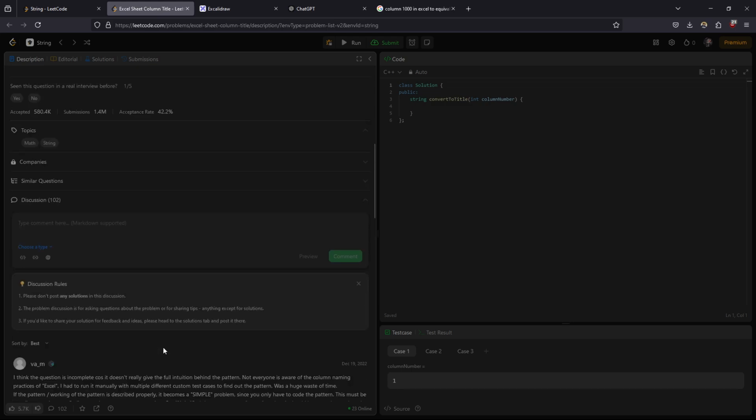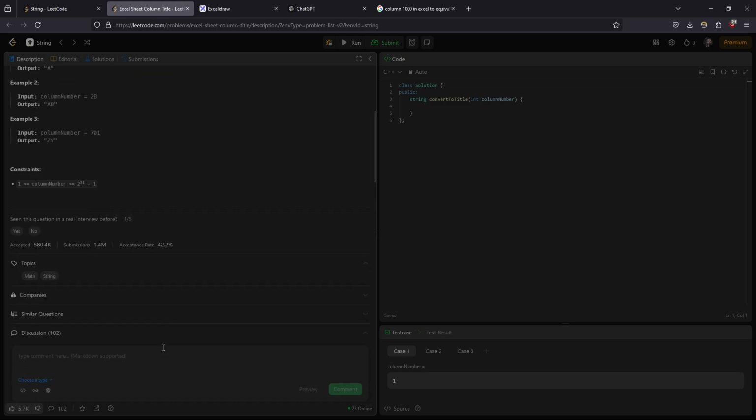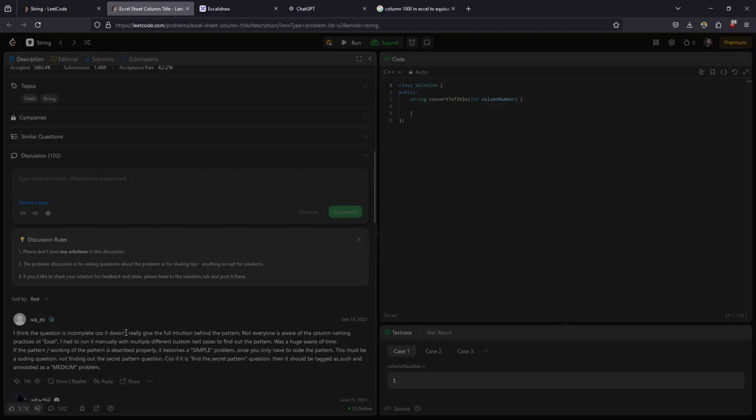What does discussion mean? The question is important because it doesn't really give the full impression behind the pattern. Not everyone is aware of the column naming practices of Excel. I had to run it manually with multiple different test cases to find out the pattern, which was a huge waste of time.